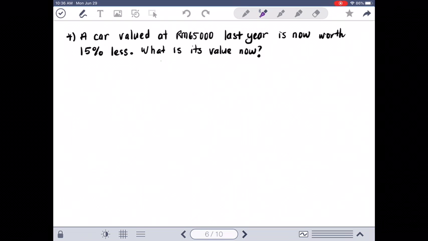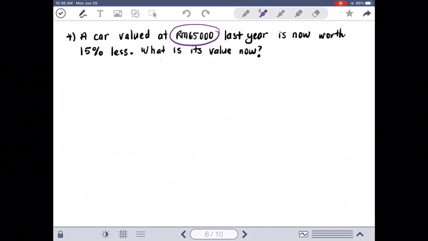Okay, for the next example, a car valued at 65,000. That is the initial value of the car last year. It is now, this year, worth 15% less. It's obvious the price of a car will decrease.